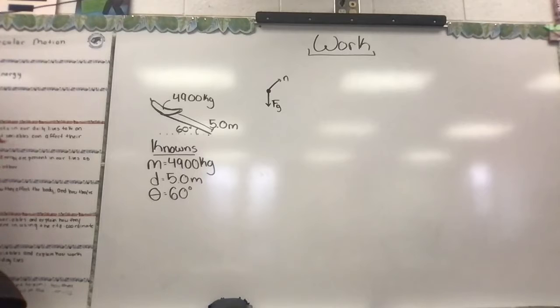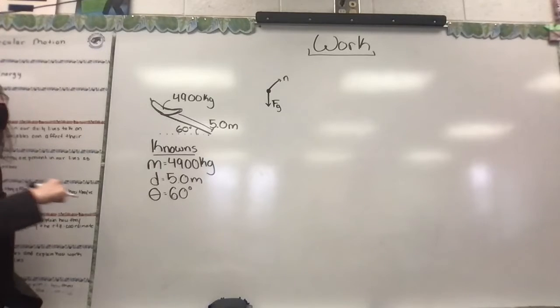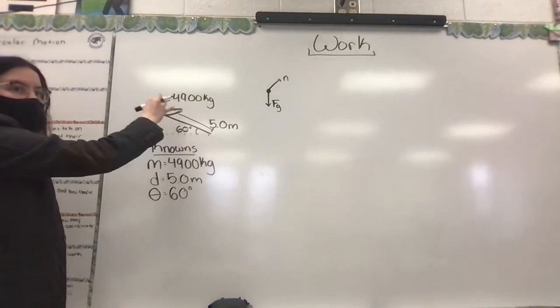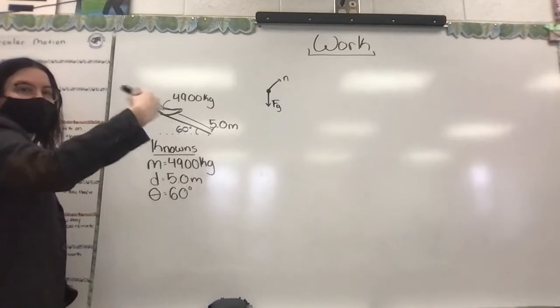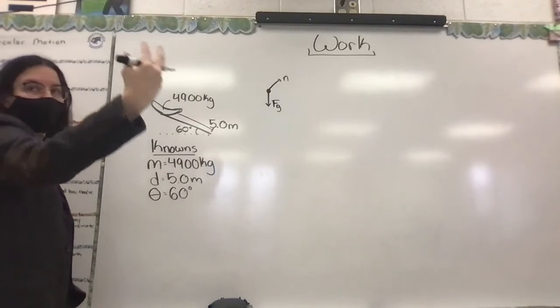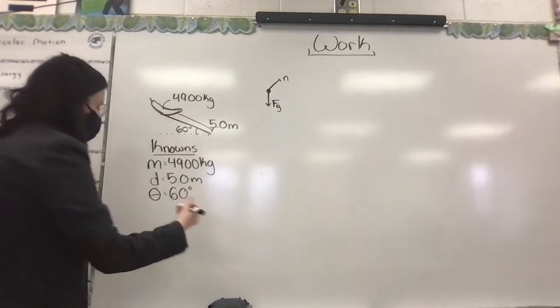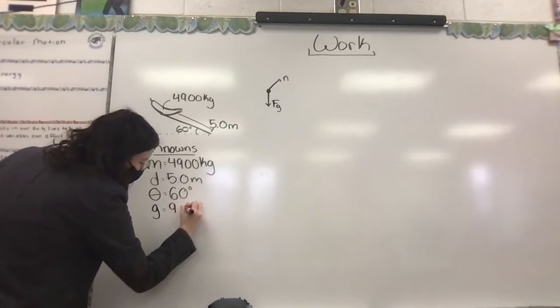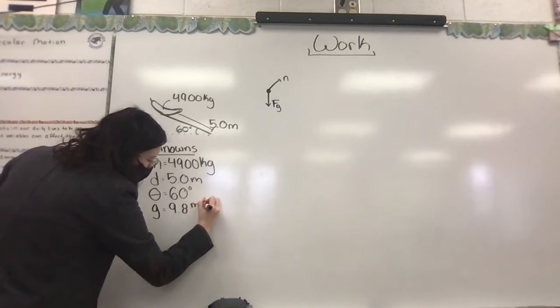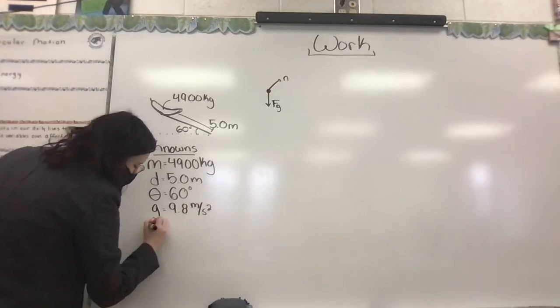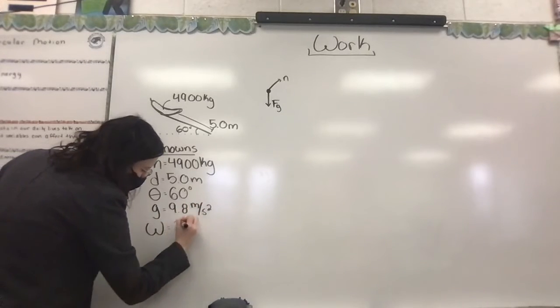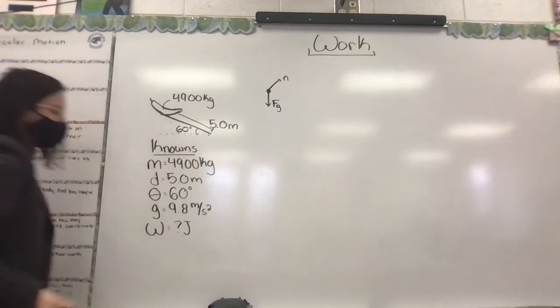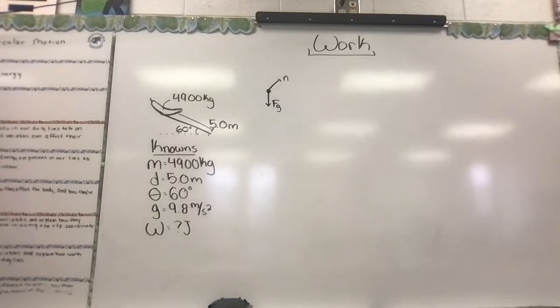Work is going to be positive here because gravity is pulling down and the ramp is moving down, which means they're working together, which means it's going to be positive, okay? So I'm just going to put g equals 9.8 meters per second squared, and we're trying to find work, okay? We're trying to find work.